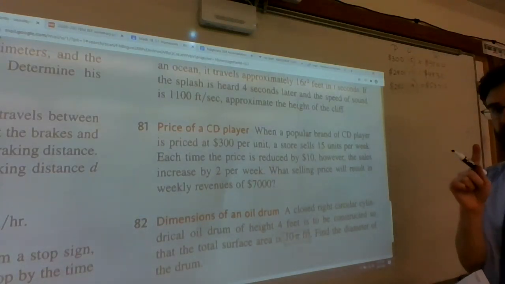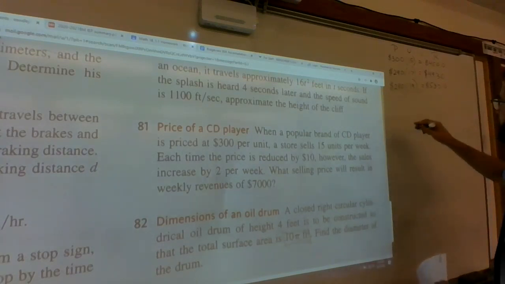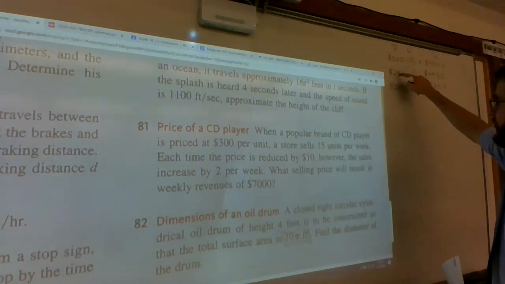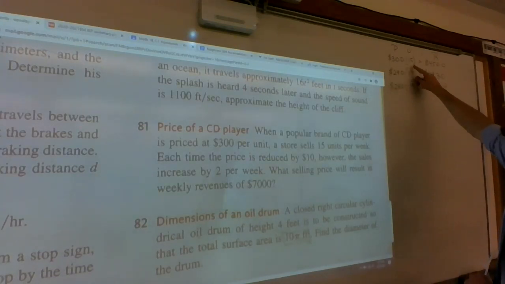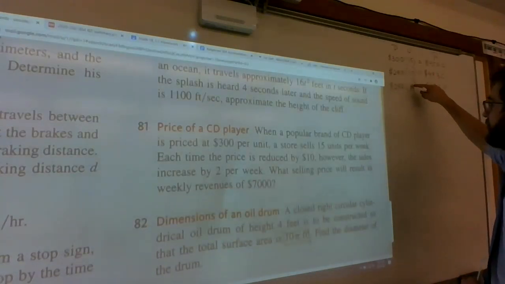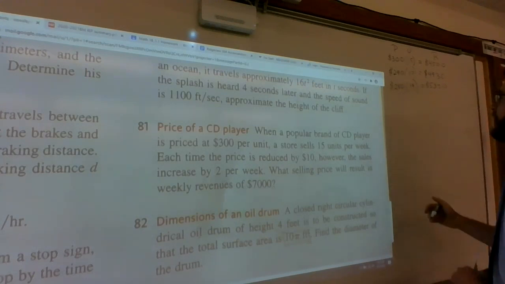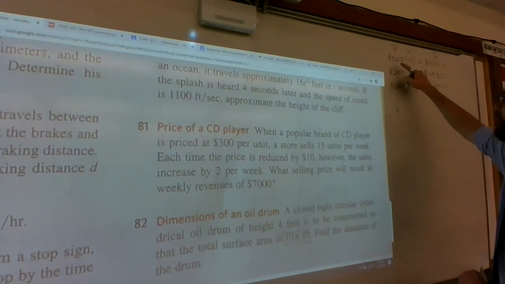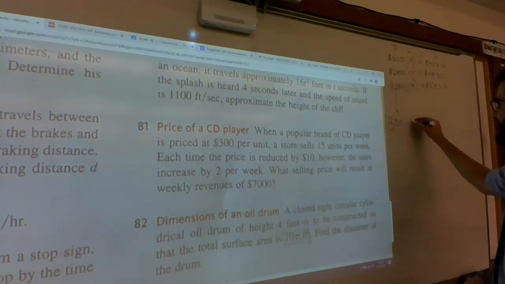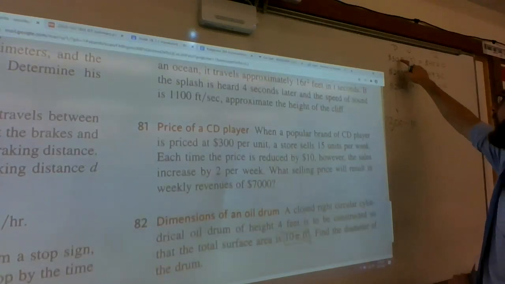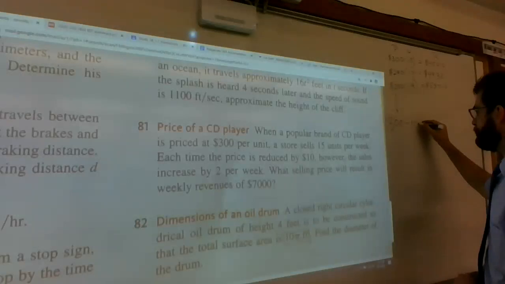So I can actually create an equation because there is a linear difference in the price per unit that corresponds with a different linear change in the number of units sold. So it's kind of like, if I start at 300 and subtract 10 for every, I'm just going to call it X.